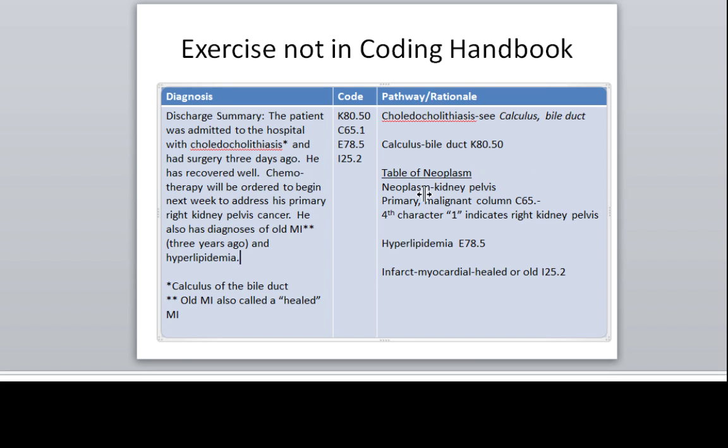So this patient had surgery 3 days ago for the cholelithiasis. He has recovered well. Chemotherapy will be ordered to begin next week to address his primary right kidney pelvis cancer. He also has diagnoses of an old MI 3 years ago and hyperlipidemia.